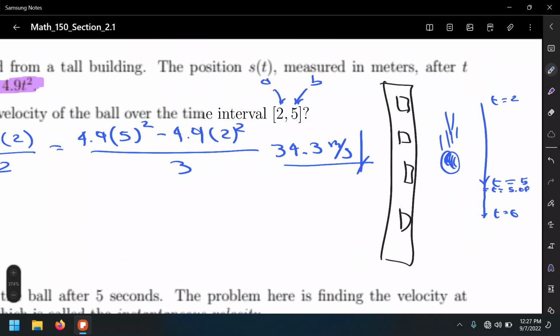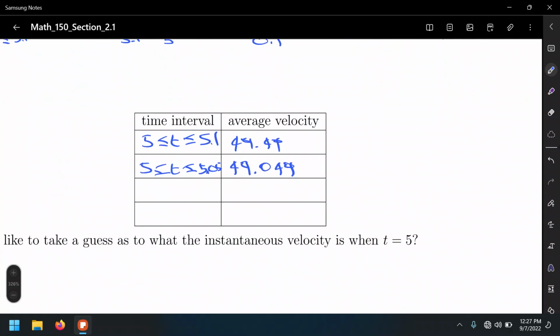Well, let's fill in the table with the calculations here. So what if I did between 5 and 5.01? What about between 5 and 5.001? All right, so if we did this calculation, 49.049, and 49.0049.